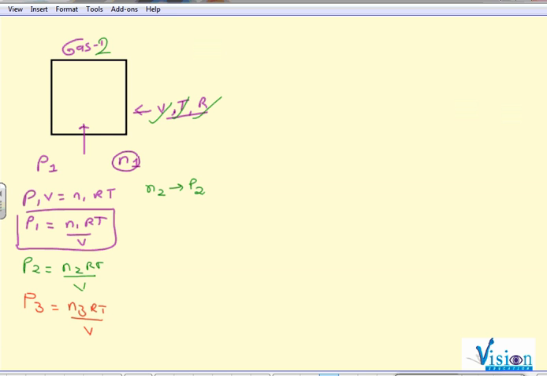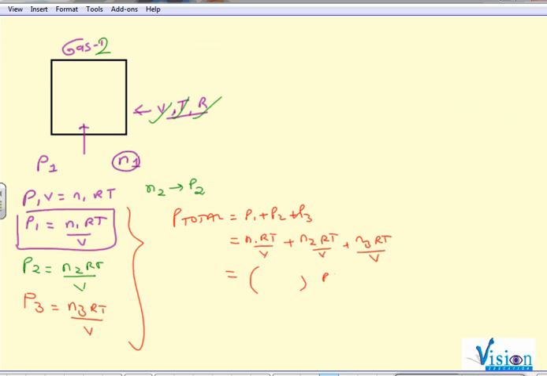Now suppose we put all three together, then you will get P total. And P total, according to Dalton's partial pressure law, will be equal to P1 plus P2 plus P3. What is P total? N1RT by V plus N2RT by V plus N3RT by V. If we take RT by V common, then it will be N1 plus N2 plus N3.